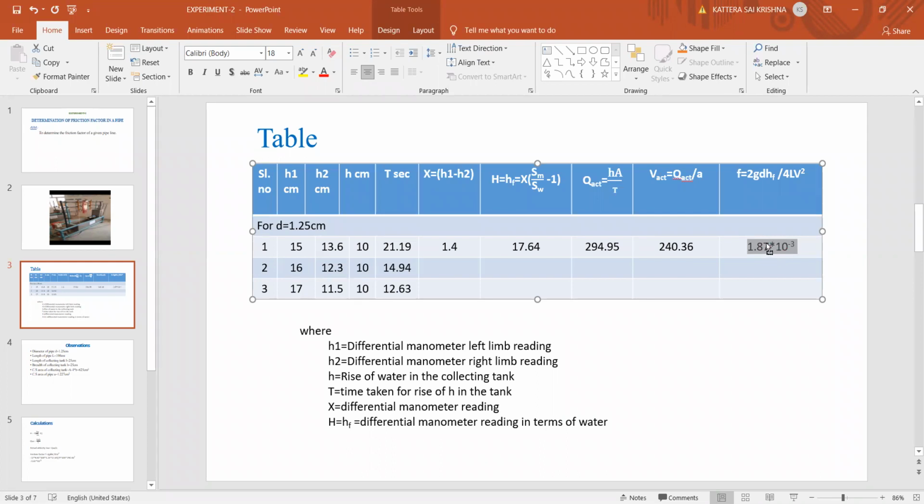Okay. Others can check once whether it is correct or not. I am writing 1.49 now, because I don't have this calculation with me. Please check it once.